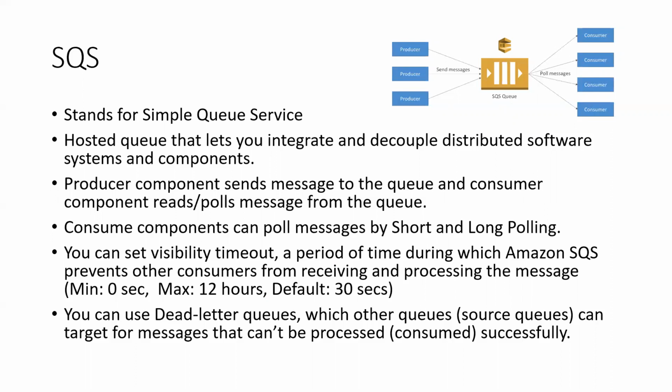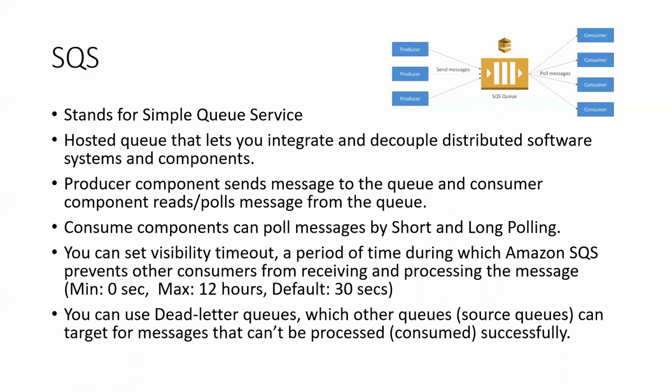By the naming convention, it is basically the use of a queue. If you see this diagram, you have producers sending messages to the queue, and consumers which receive the messages. So this depends on the producer-consumer components.